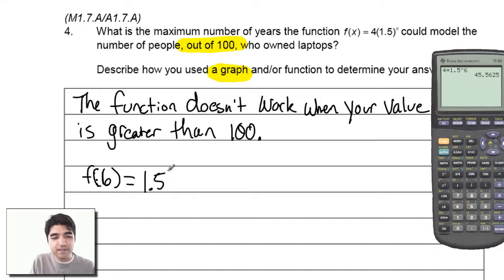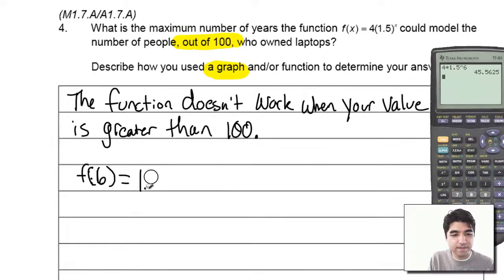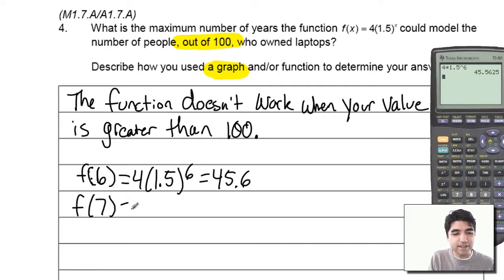Oh my gosh, that's not it. I'll get it right. Okay, 4 times 1.5 to the 6 power, that equals 45.6. What's f of 7 equal?